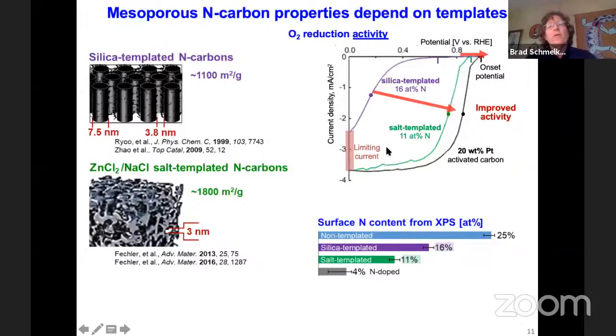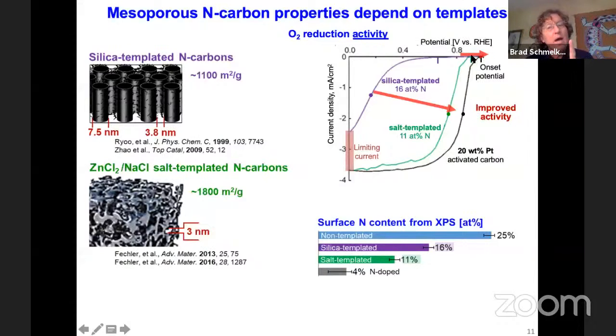What's fascinating though is how different these two materials behave when it comes to the electrochemical properties. And that's what we're going to spend time talking about, because here I compare them to the 28% platinum on activated carbon, which is in the black. The onset potential for this platinum is about 0.98. For the salt templated one it is about 0.93.